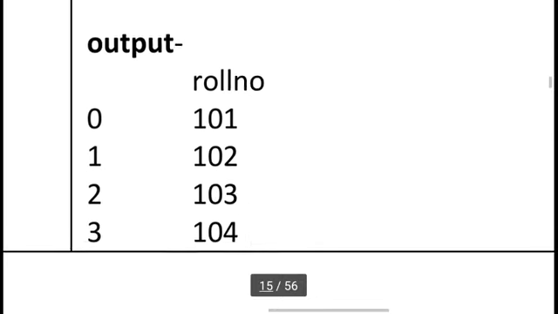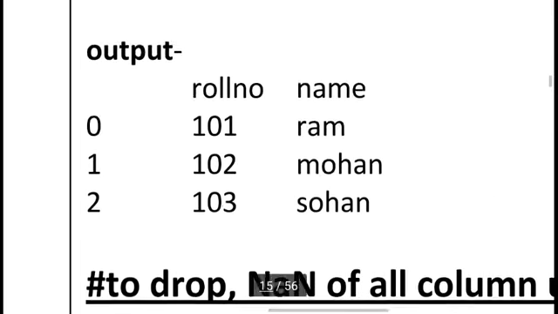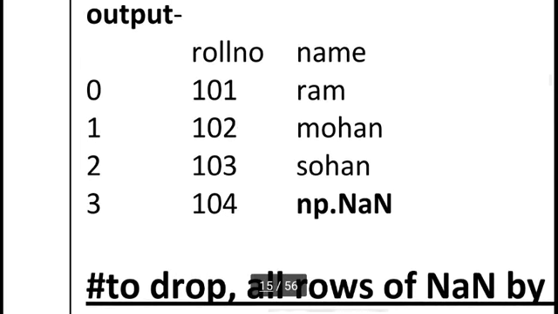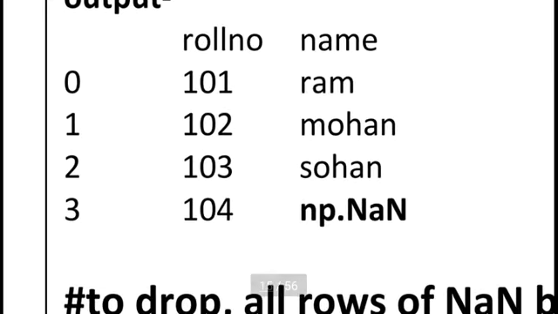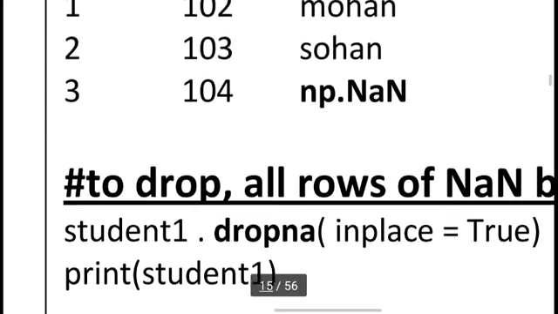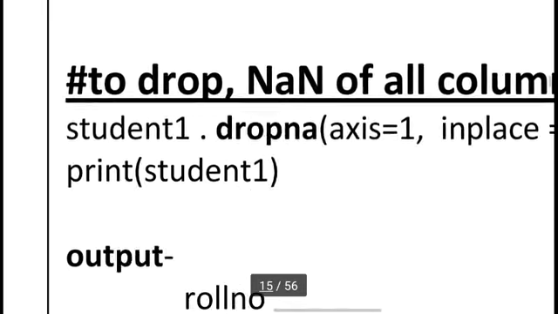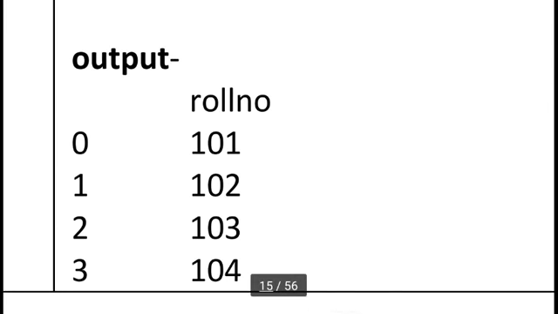So you can see, last time this was our original data frame and the name column had np.nan. So this particular column will be deleted. Any column which has np.nan will be deleted. You can see only the roll number column remains, because the roll number column has all the actual values.